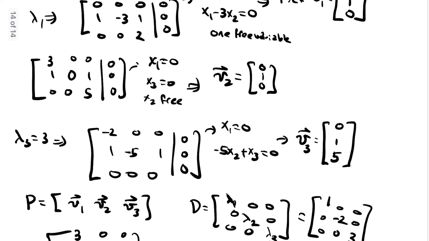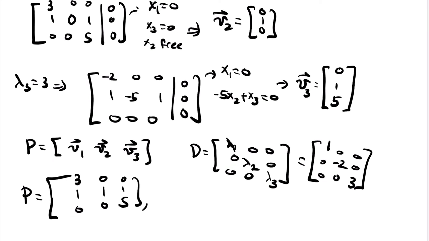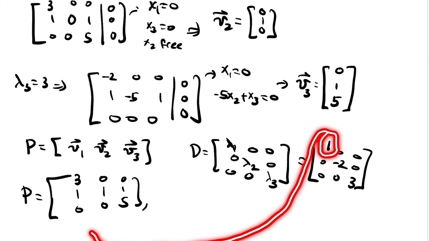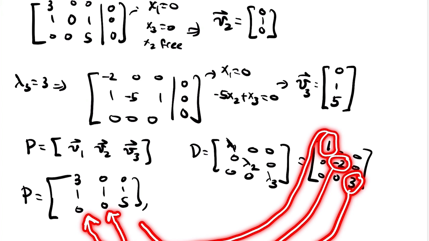The last thing I'll note is that the order doesn't necessarily matter as long as it is consistent. So this eigenvalue corresponds to this eigenvector, this eigenvalue corresponds to this eigenvector, and finally this eigenvalue corresponds to this eigenvector.